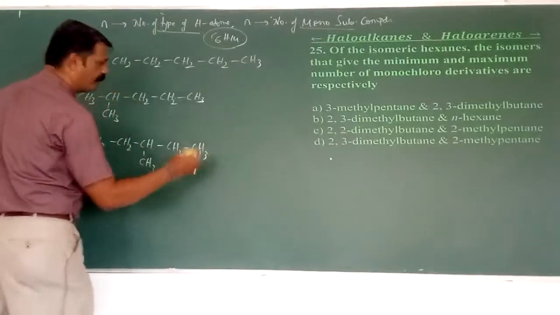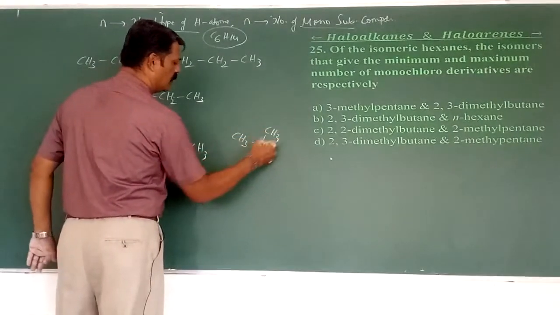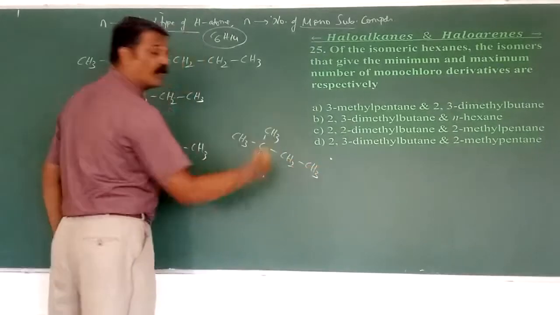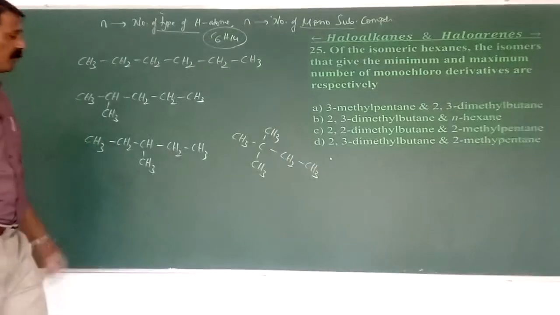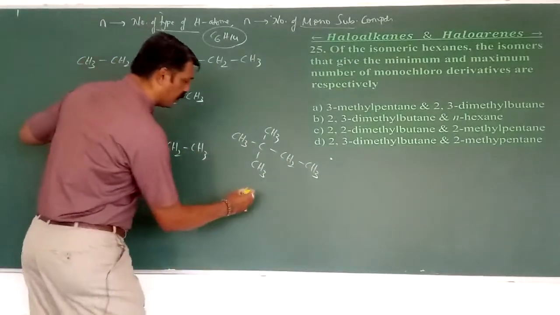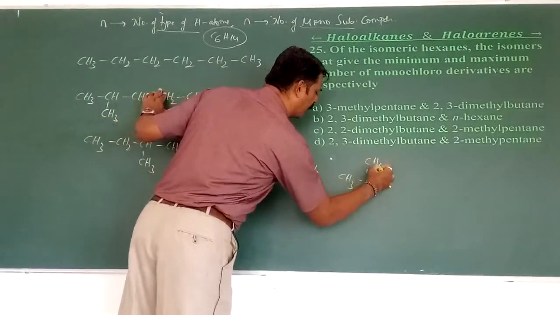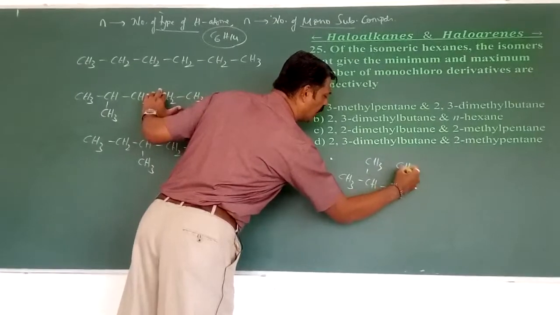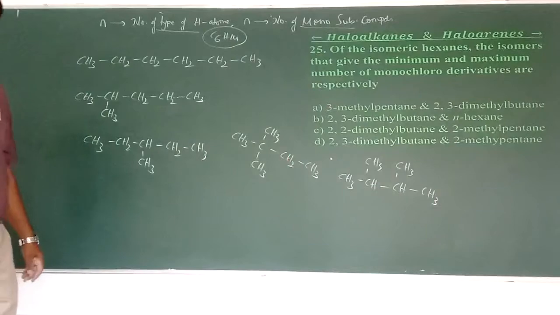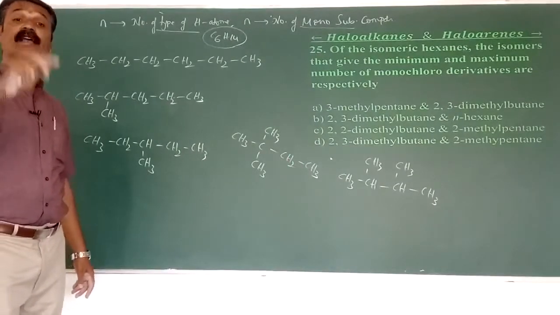Then we will have the dimethyls now. 2,2-dimethyl butane, but it cannot be 3,3, because 3,3 is similar to this. Therefore there is no possibility here. Another one is 2,3-dimethyl butane. So methane has only one, ethane has only one, propane has only one, butane has two, n-butane and isobutane.